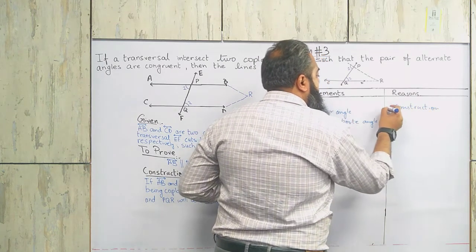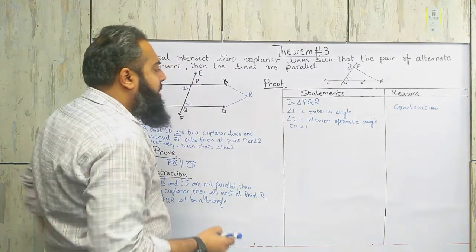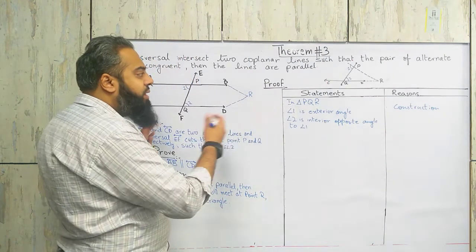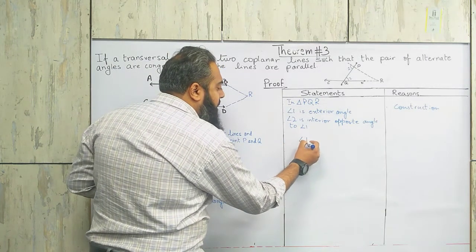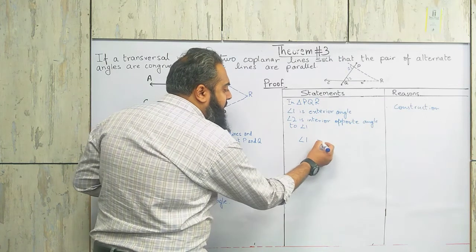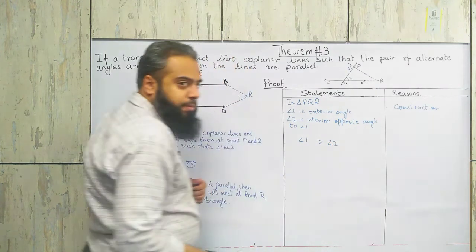The reason is construction. And now we can see, if it happens, we have proven in the previous theorem that if such things happen, then angle 1, the exterior angle, will be greater than the interior opposite angle, and that is angle 2.